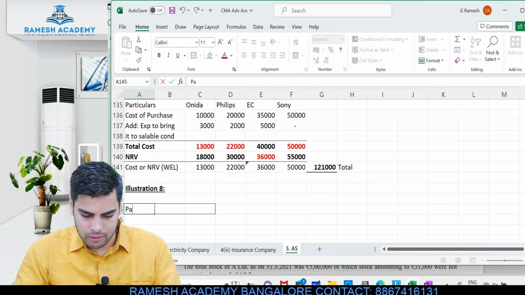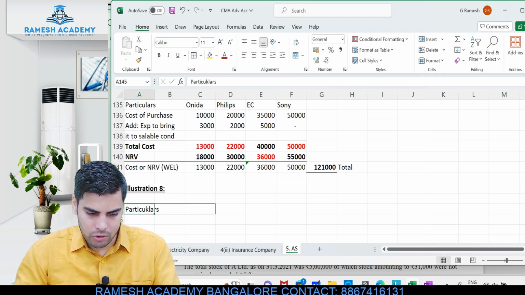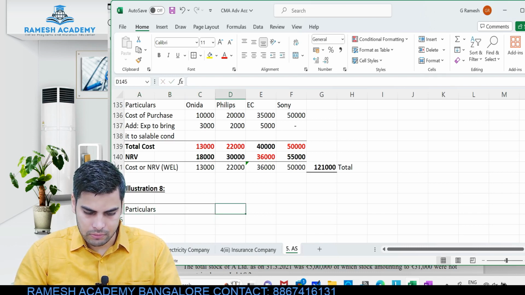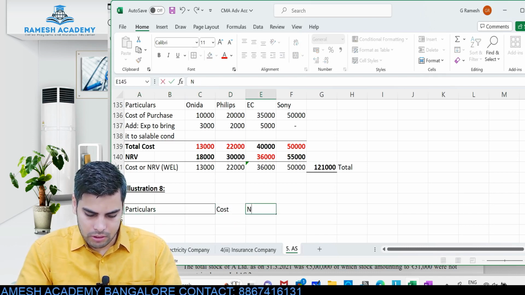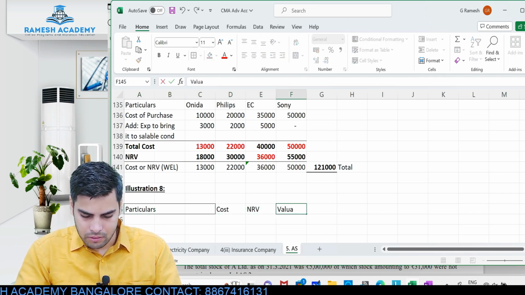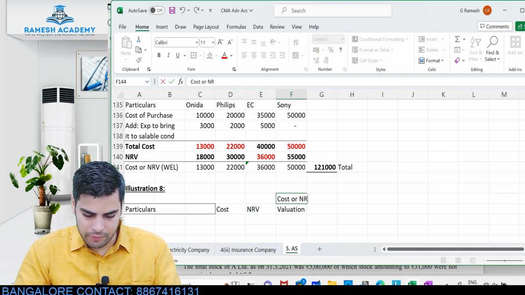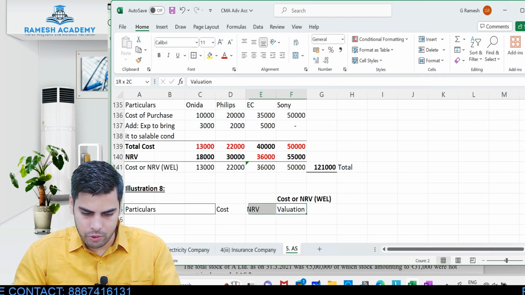So let me just write one illustration so that you guys have a reference. We have got cost, NRV, valuation. So valuation will be cost or NRV, whichever is less. This is how we'll be doing the valuation.